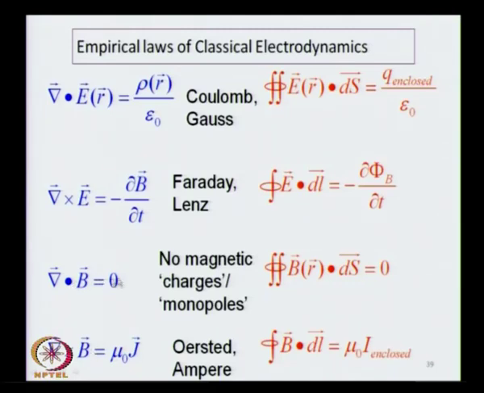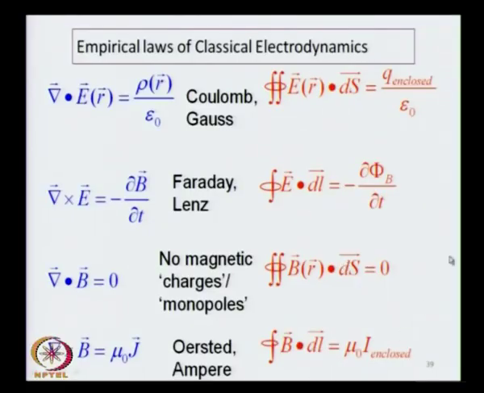Whenever the divergence is 0, the field is called solenoidal, and the magnetic field is solenoidal, which is a statement of the fact that there are no monopoles, because there is no point in space from where you can have a divergence, either positive or negative.